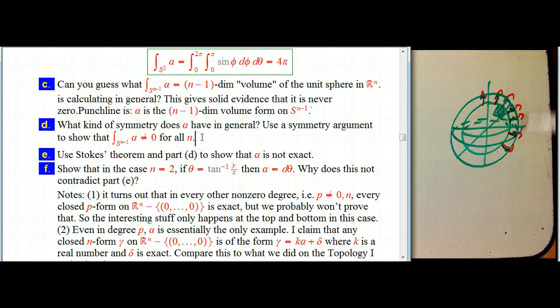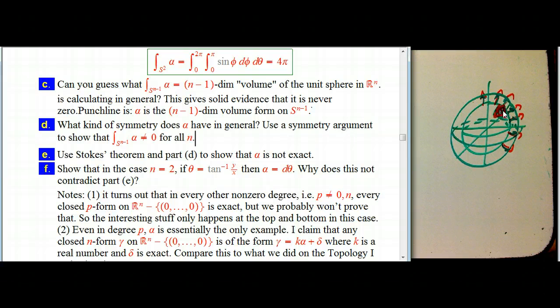Regardless of what exactly we're calculating, we're calculating the same thing on all of these patches, because the sphere is totally rotationally symmetrical, and alpha is totally rotationally symmetrical, because the volume form was symmetrical, and then I'm taking the interior product of that with a radially symmetric vector field, something that only has to do with r and the radial direction. And so whatever the contribution from each little bit is going to be the same from all the bits, so they can't cancel out.